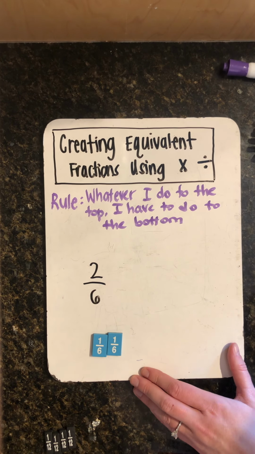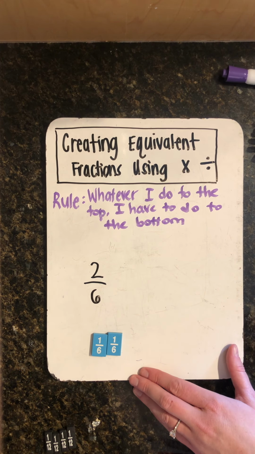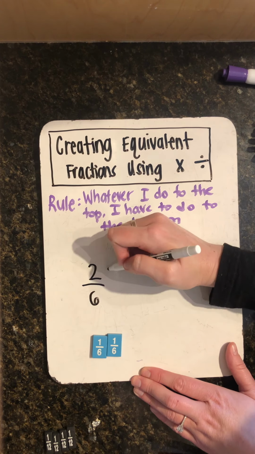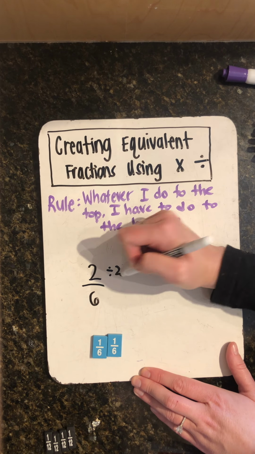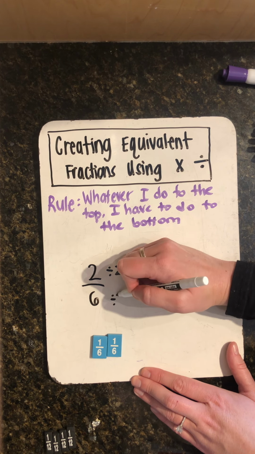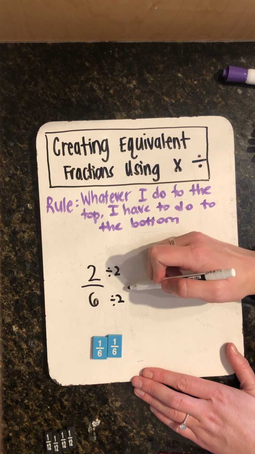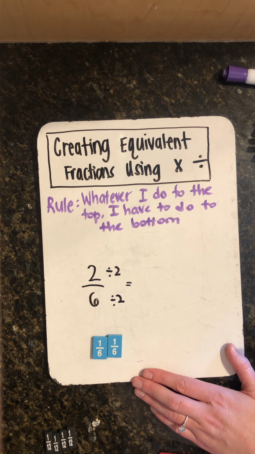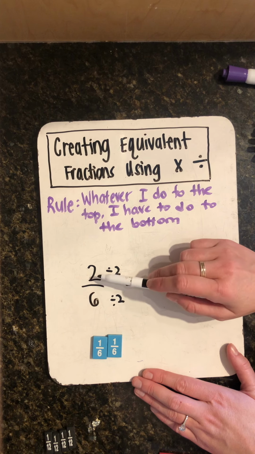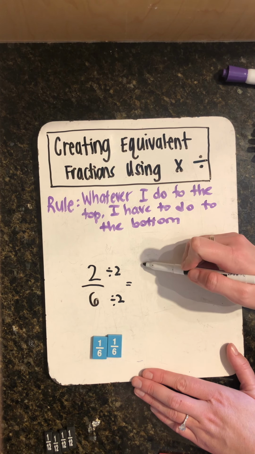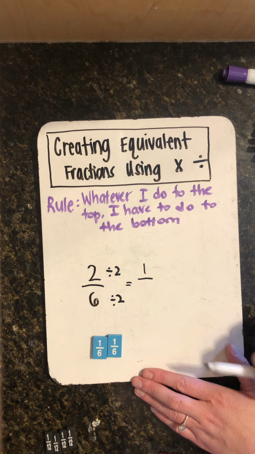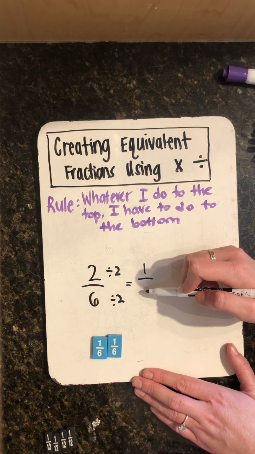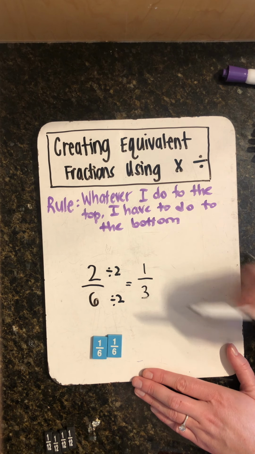All right, now I could also use division, and I know that I can divide my top number and my bottom number by 2 because they're both even numbers. All right, so I know that I could divide the top number by 2 and I could divide the bottom number by 2. All right, let's figure out what our new equivalent fraction would be. 2 divided by 2 equals 1, and 6 divided by 2 equals 3.